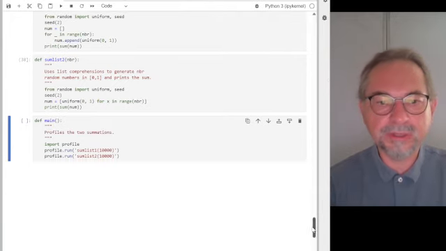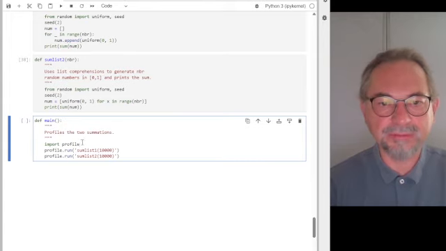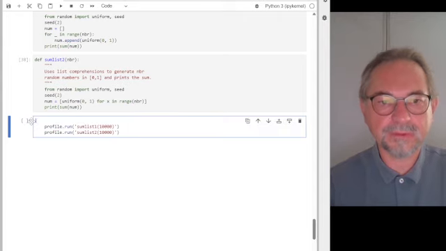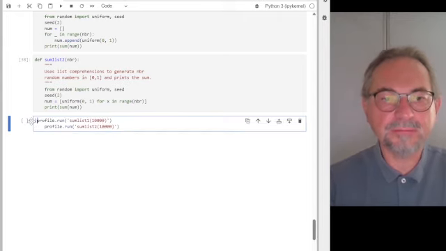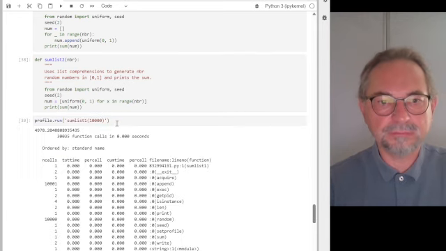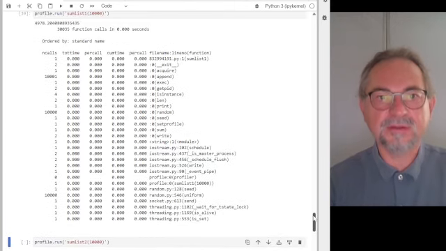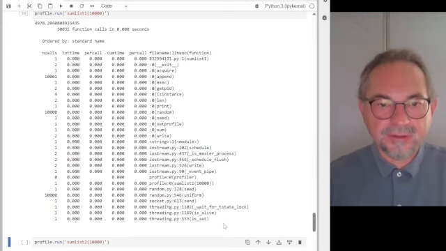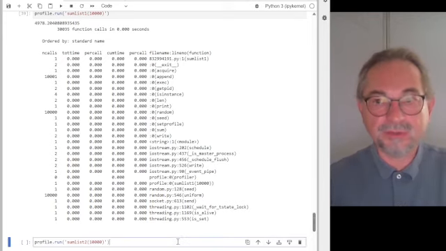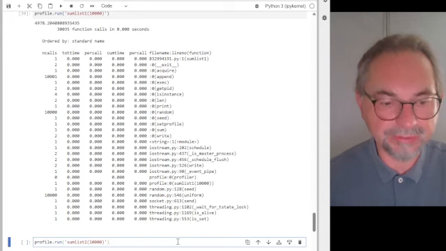In the main program, I have already imported. So I have two functions to take the sum of a list. So here you see how many function calls we do. In the first program, we always do the append.